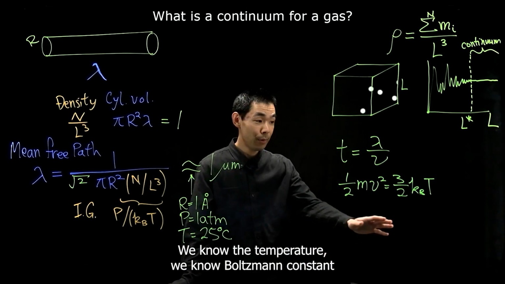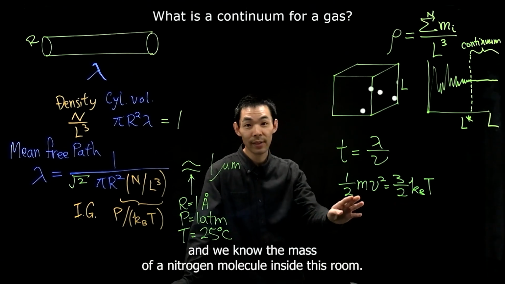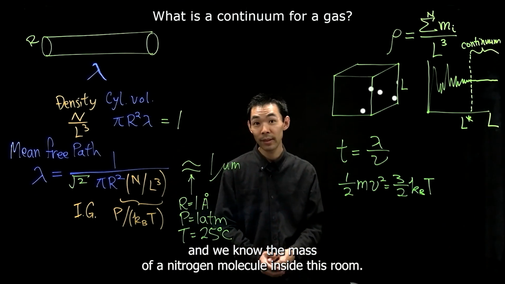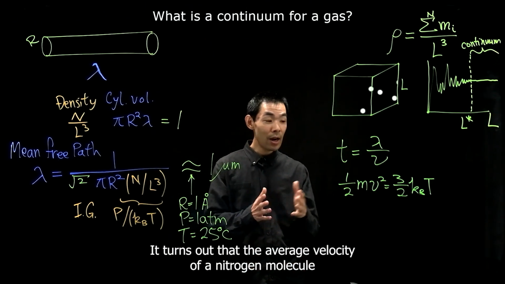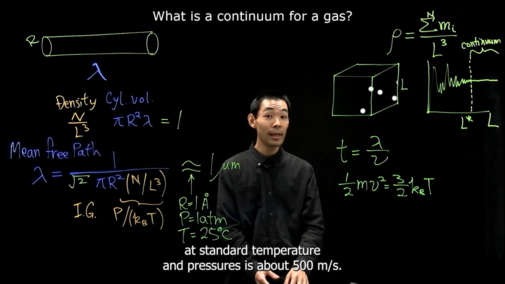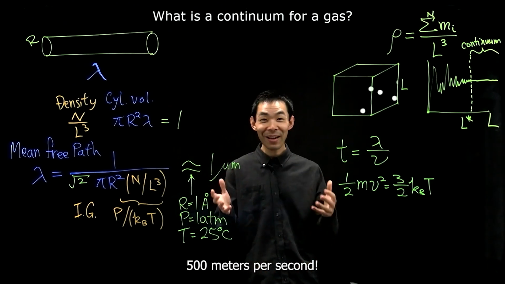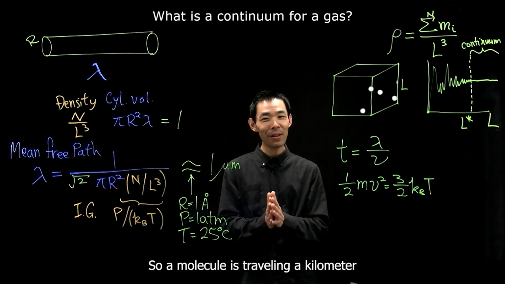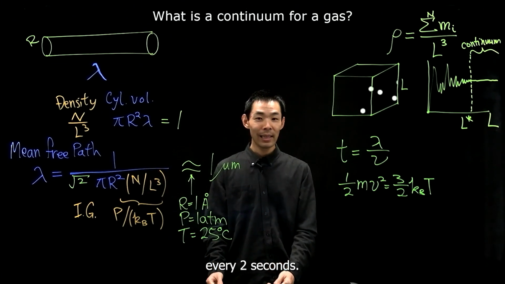So we know the temperature, we know Boltzmann's constant, and we know the mass of a nitrogen molecule inside this room. And it turns out that the average velocity of a nitrogen molecule at standard temperature and pressure is about 500 meters per second. So a molecule is traveling a kilometer every 2 seconds.